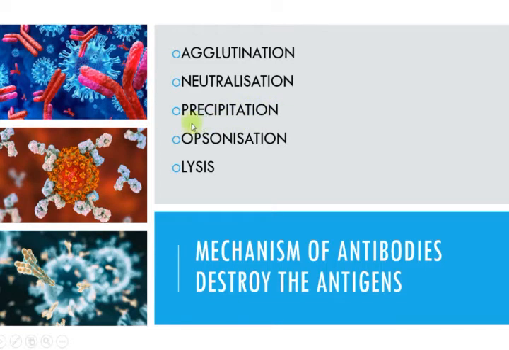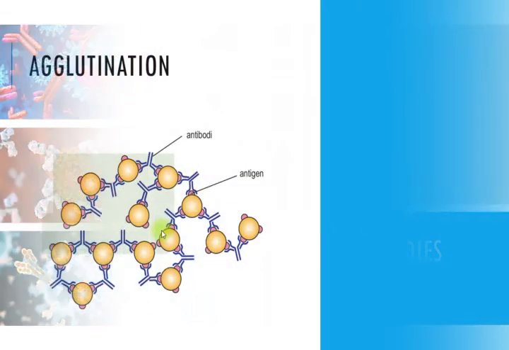Precipitation, the keyword is precipitate. Opsonization, the keyword is opsonize. And the keyword here is lysis. These are the 5 types of mechanism of antibodies destroying the antigens. So let's go one by one.